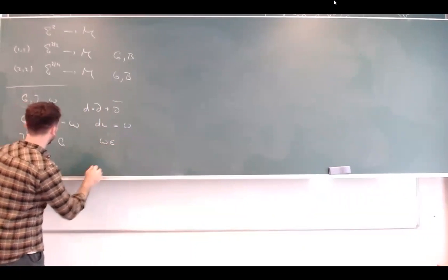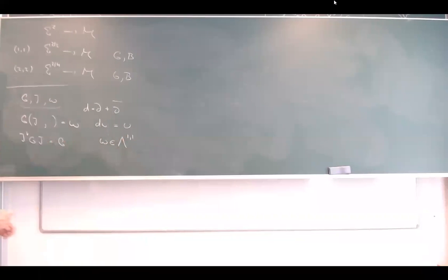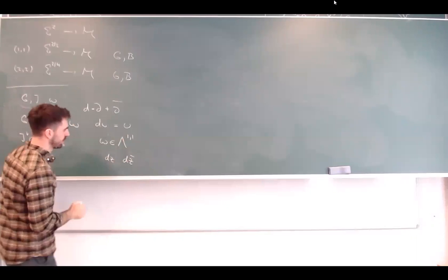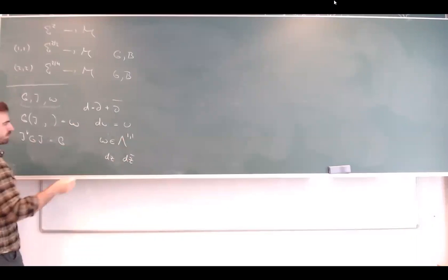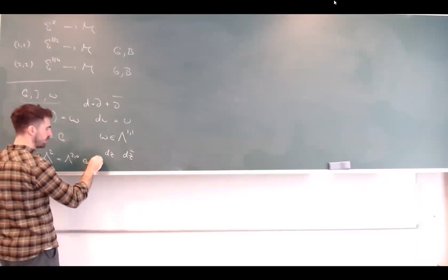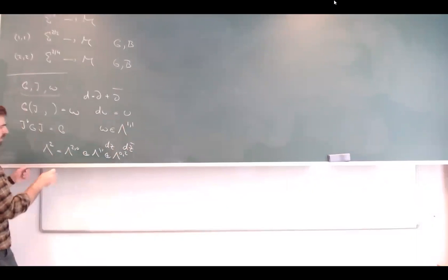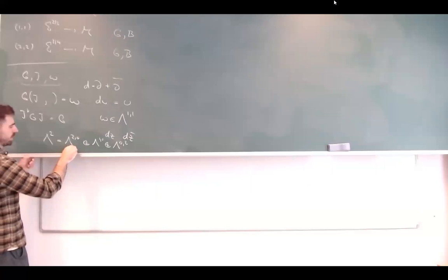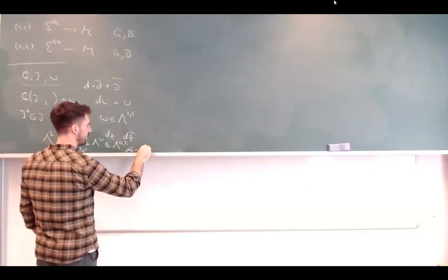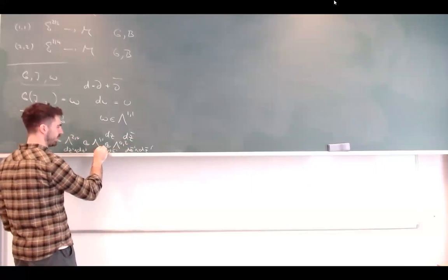So omega, due to G being Hermitian, is a form of 1-1 type, meaning that it has dz and d z-bar variations in it, rather than all the two-forms.